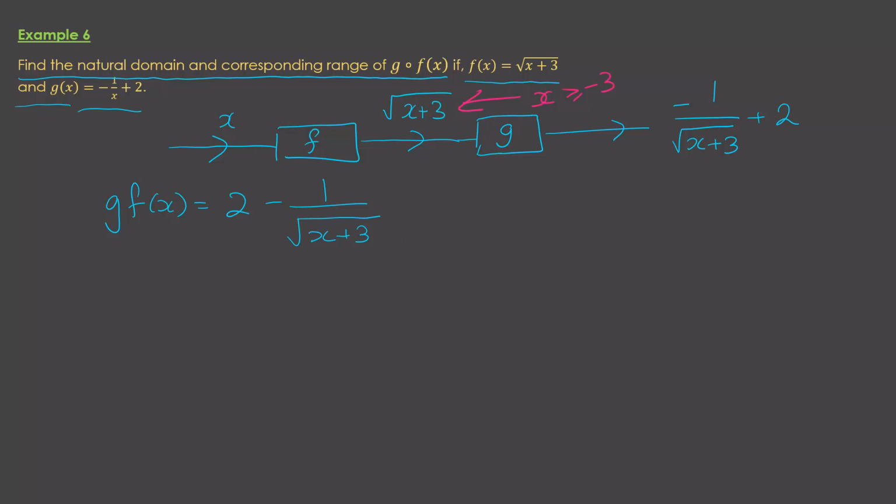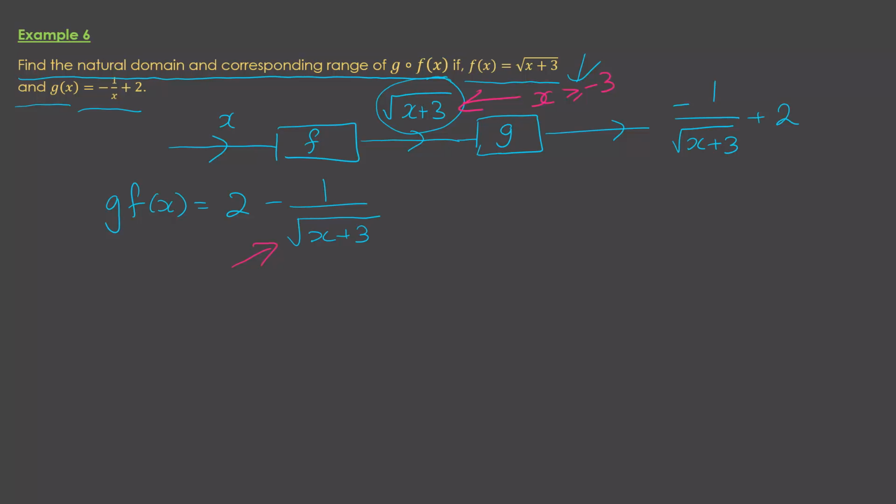However, we're not allowed to have a 0 on the bottom of this fraction. If we input the value negative 3 into the square root of x plus 3, we get 0. So we can't have greater than or equal to, we can only have greater than.